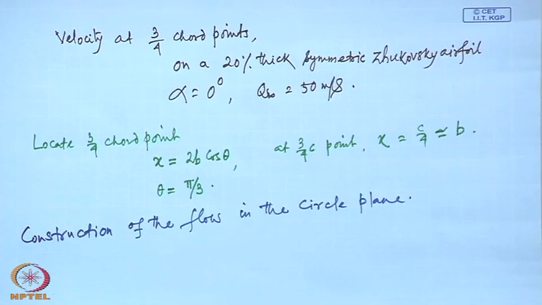What do we need to find? We need to find the doublet strength and the circulation. For the doublet strength, we need the radius of the circle. How much is the radius of the circle?